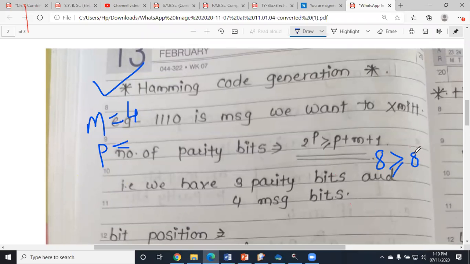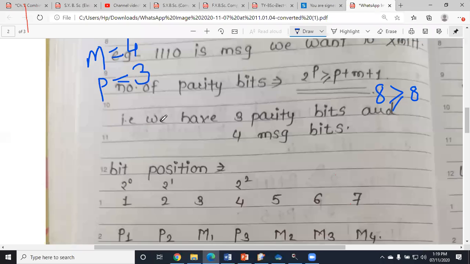So here the condition is satisfying. 8 is equal to 8. That is why we consider parity bit is equal to 3. Clear? Yes. So we have 3 parity bits and 4 message bits. The total signal is of 7 bit.